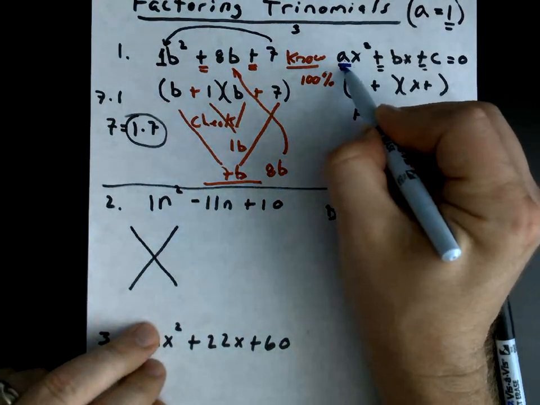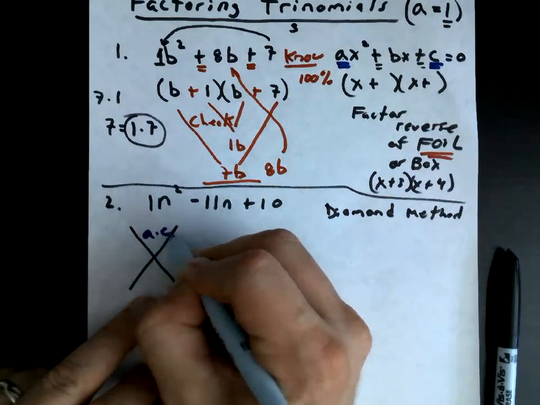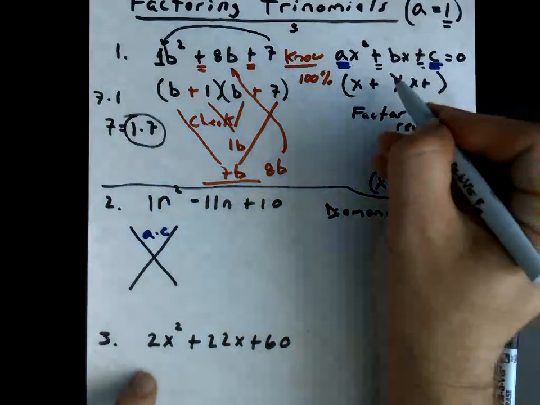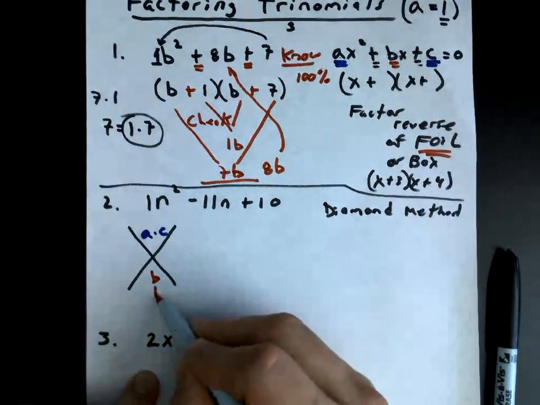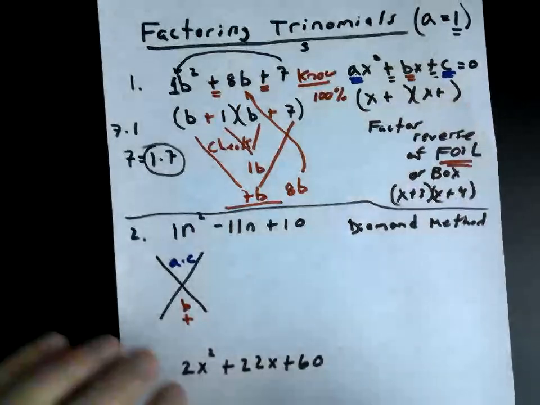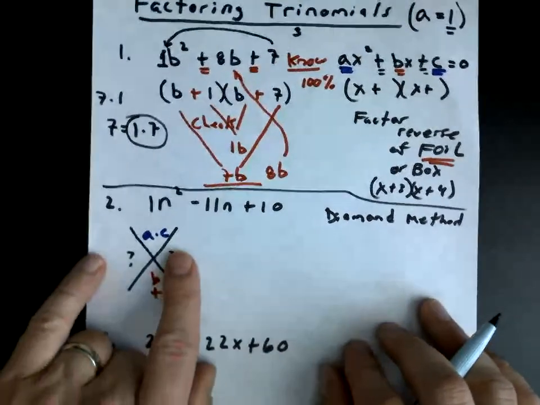I'm going to take this guy and this guy and go A times C. Then I'm going to take B, which is this guy right here, and put it right there. Then we're going to add or subtract, by the way. That's how you would set up, and this would be your two factors, whatever you get.